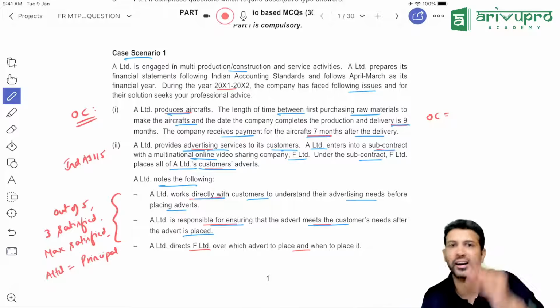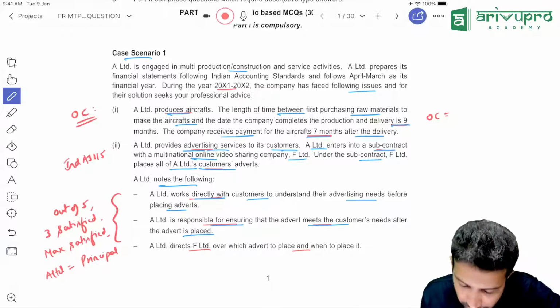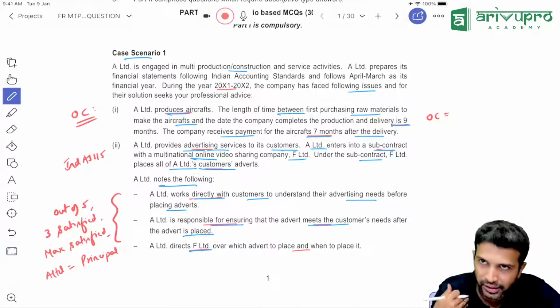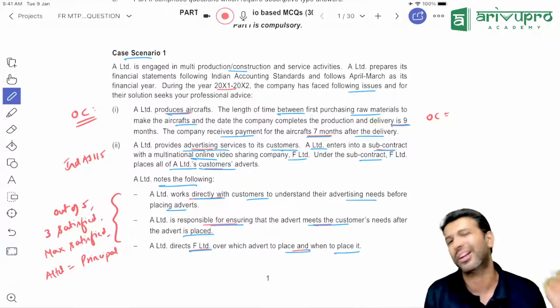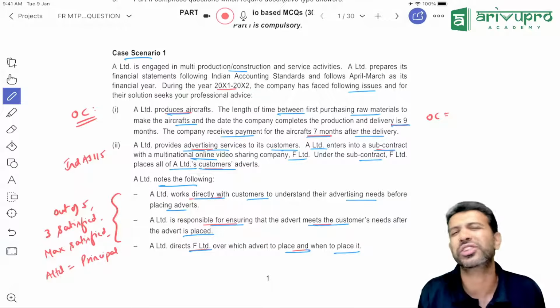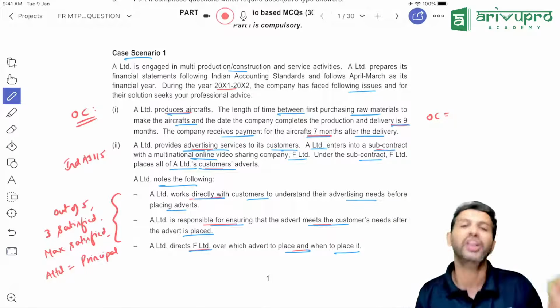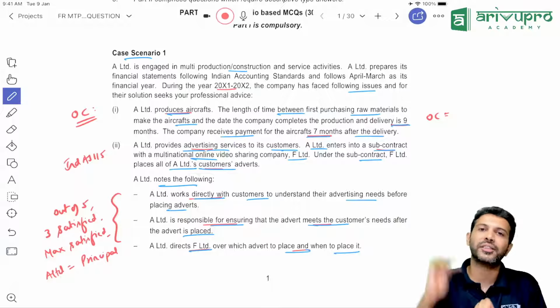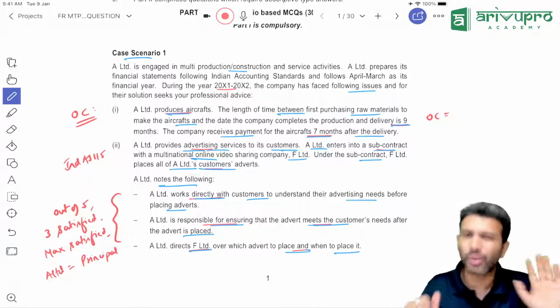We need to create an advertisement based on customer need and publish it accordingly. A Limited directs F Limited over which advertisement to place and when to place it. Basically, in Ind AS 115 we have a concept called principal versus agent. If you are a principal, you will always recognize revenue at the gross amount. If you are an agent, you will recognize revenue at the net amount. This is the funda.